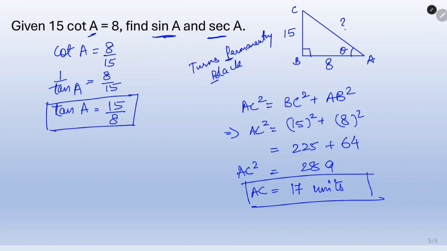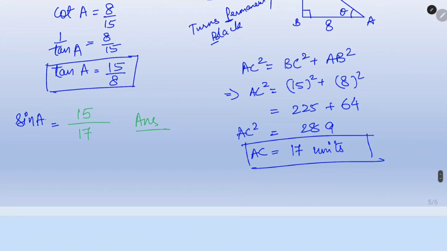So what will sin A be? Sin A will be equal to perpendicular upon hypotenuse. This is sin A. What is sec A?